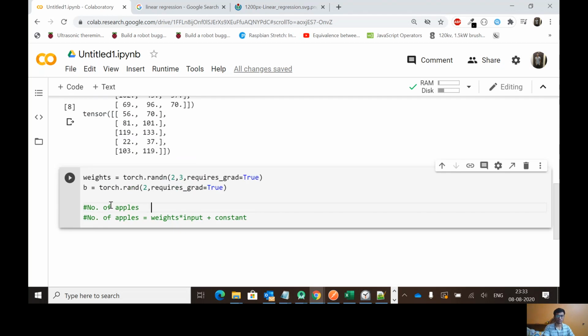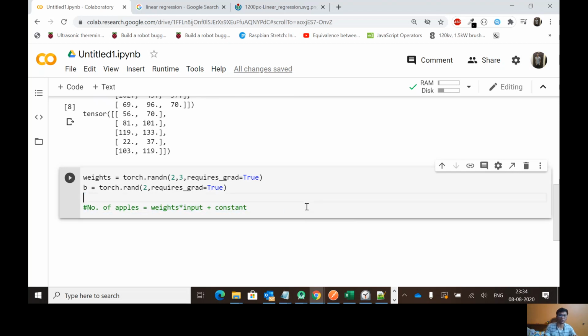Number of apples: you wrote something like weight 1 into temp, temp stands for temperature, weight 2 into rainfall, plus weight 3 into humidity. The spelling is wrong, but please bear with me. It's somewhat similar, because here all the weights will be nothing but our matrices, and temperature, rain, and humidity will be none other than our inputs. So this is how our equation will form.